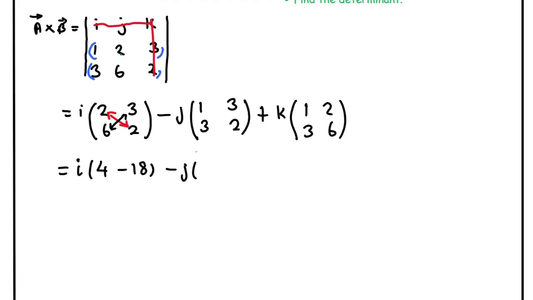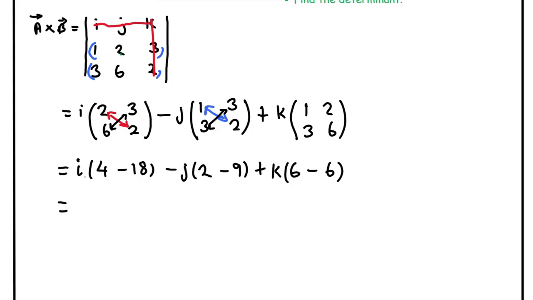Minus j, open, we do the same thing. The major axis, 1 times 2, that's 2, minus 3 times 3, that's 9, plus k, open, 1 times 6, that's 6, minus 3 times 2, that's also 6.